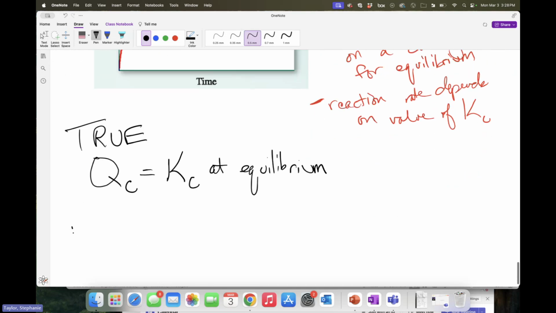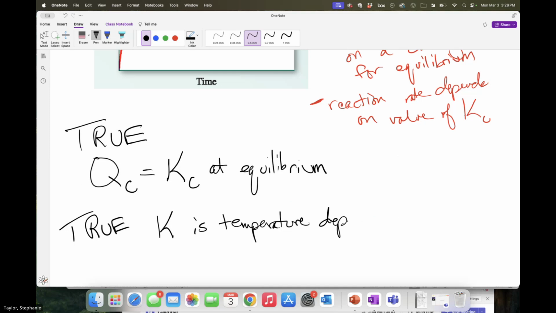Another true statement about equilibrium is that K is temperature dependent. So those are all things that can go with true statements about equilibrium.